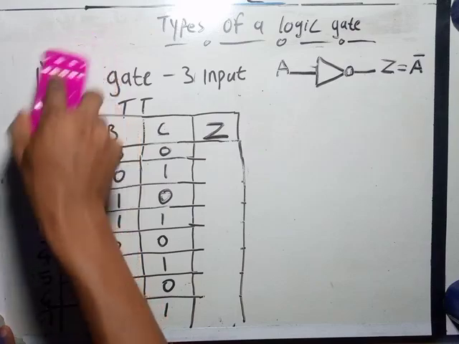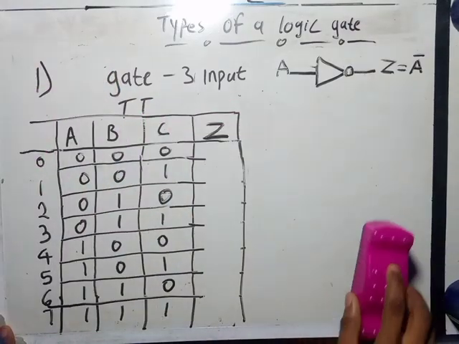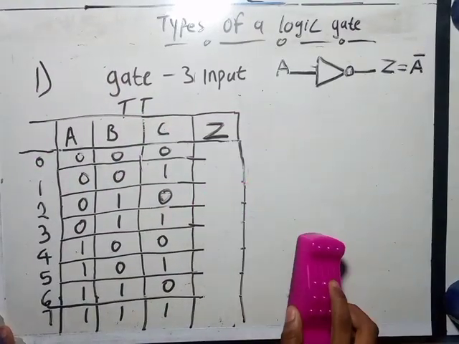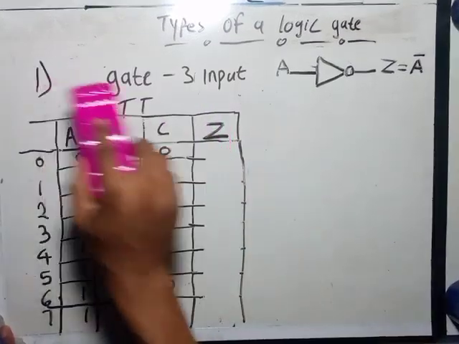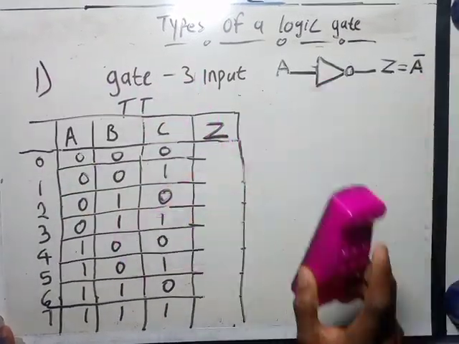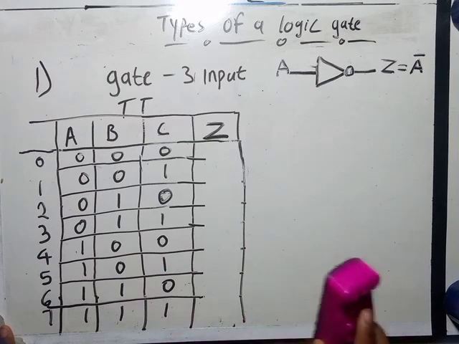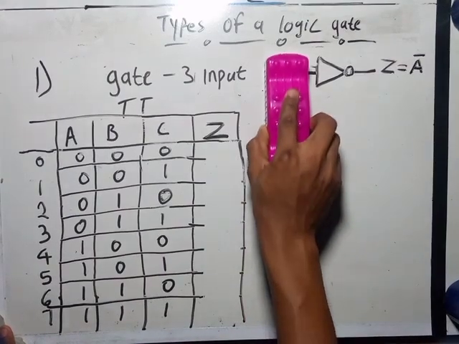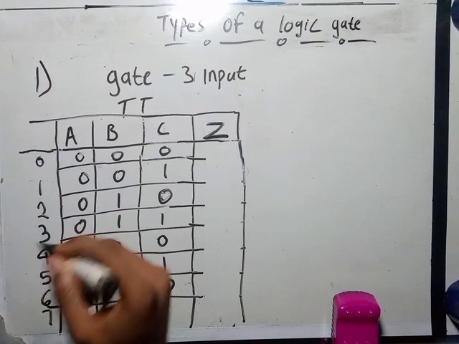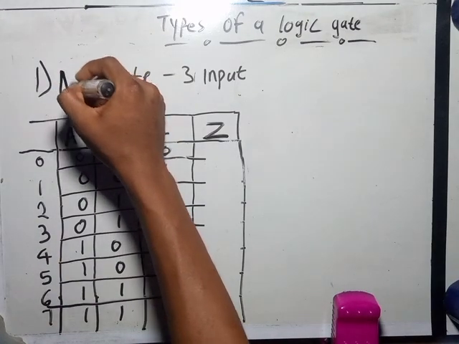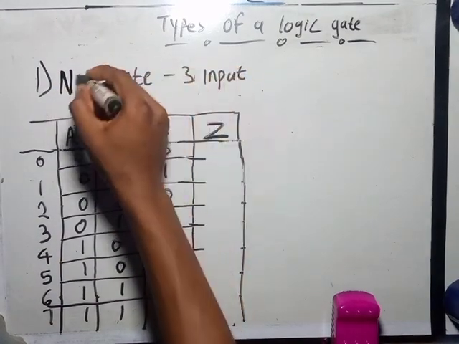Now let's return to our three input system. Please note that NOT is not a 3 input gate but a 1 input gate. It doesn't accept more than 1 input. So the next one we'll be dealing with is our NOR, which is NOT OR gates.